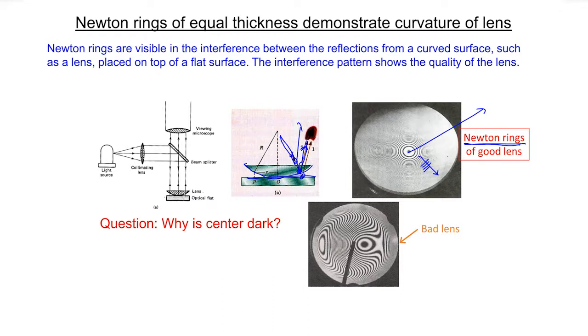And if you have a nice ring pattern like here, you know for sure that you have a good lens, that the curvature here is like a spherical curvature. Whereas if you have a bad lens, you might have a weird interference pattern.